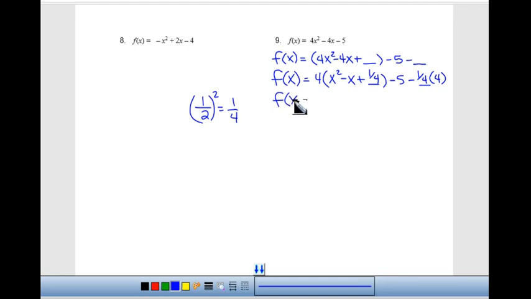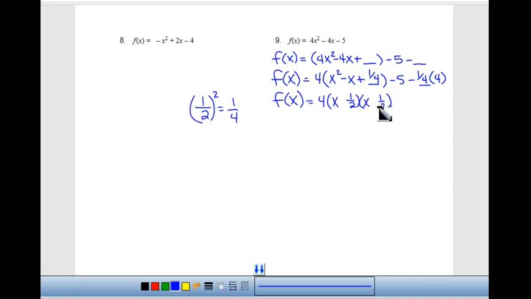Now I'm going to factor. This is going to be 2 identical parentheses. What will multiply to 1/4 that when I add it will give me a negative 1? 1/2 times 1/2.